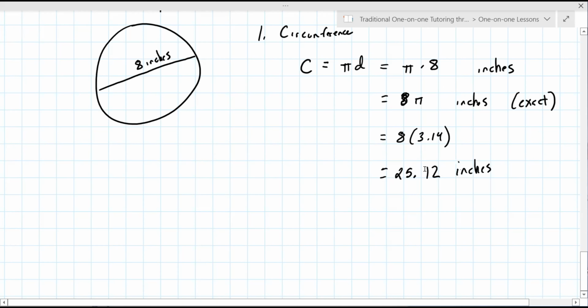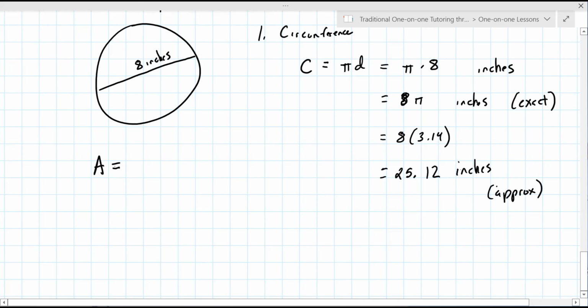Now, is this number that you just calculated, 25.12 inches, exact or an approximation? It's an approximation. Very good.